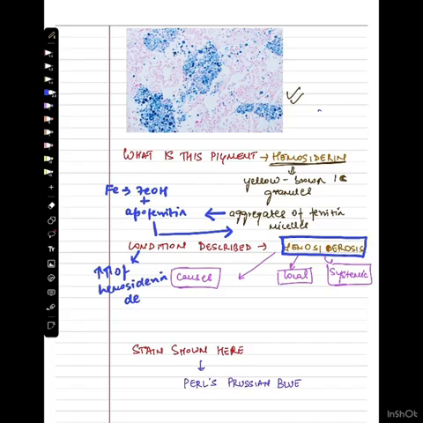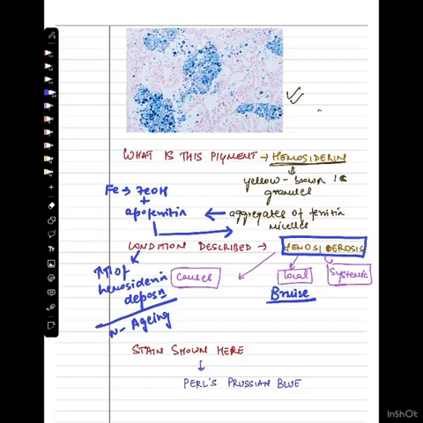Hemosiderin deposition can be normal and pathological. Normally, it can occur due to aging, and pathologically, like I said, there are local causes as well as systemic causes. Locally, you can have it due to a bruise. Whenever a person gets bruised, there can be iron excess which can lead to hemosiderosis.